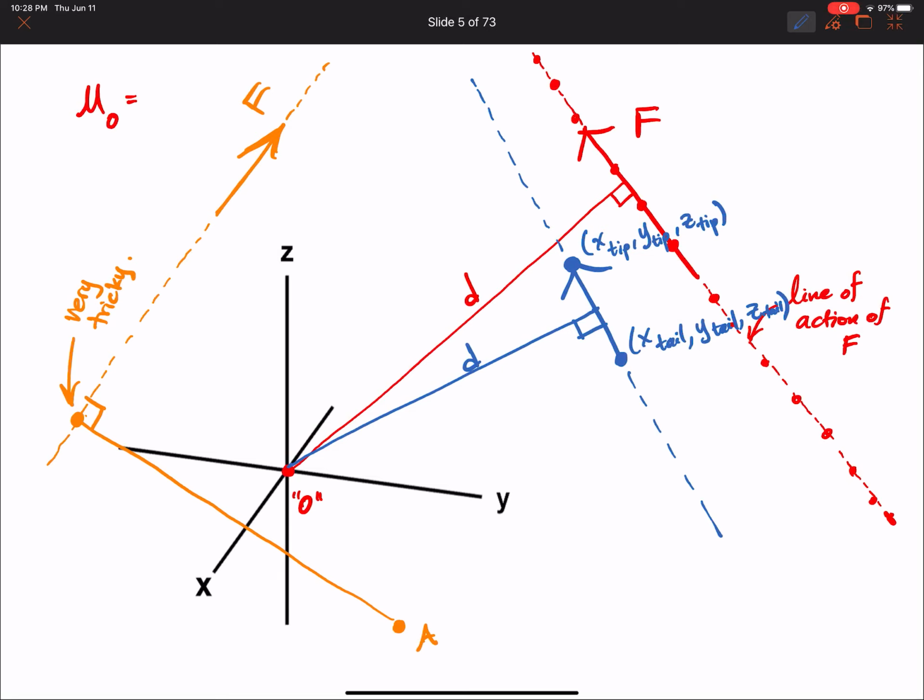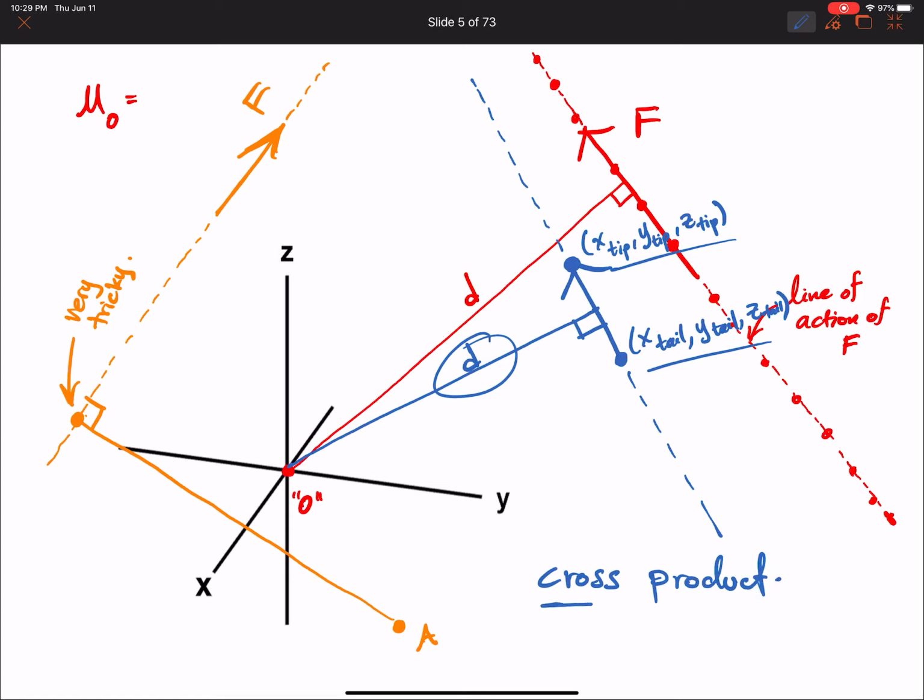Well, the good news is that yes, we are going to provide you with that tool, and it won't be as easy as just giving me any coordinate in the vector and then voila, you have the distance d. But it will be close. The tool that we are going to study is a very powerful tool, and the name of the tool is the cross product.